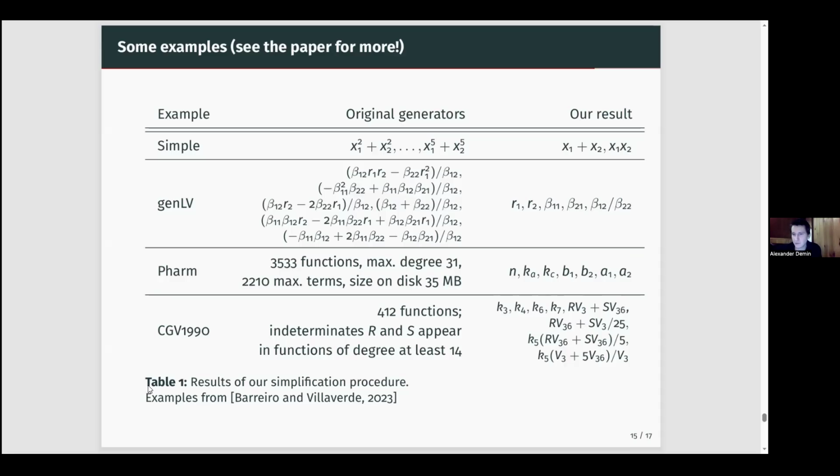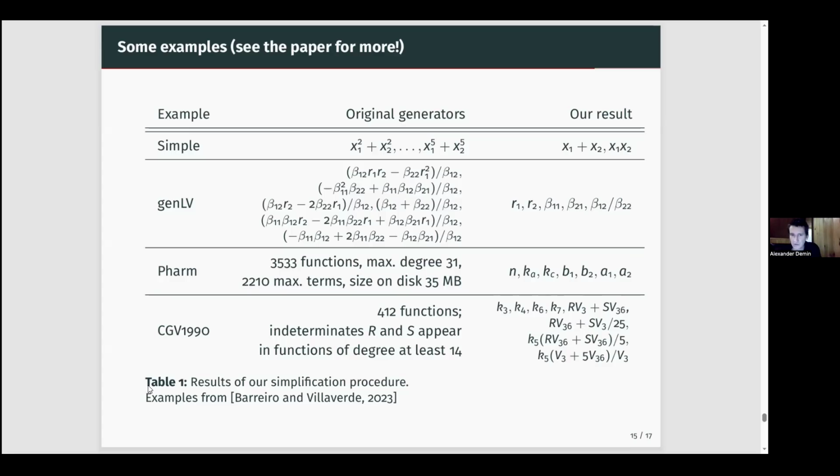And our algorithm successfully computes a simple generating set here, perhaps the simplest possible. The second line in the table is the second example we have seen. So yeah, it has a bit more determinants, has some rational functions. Note that our result is quite simple and concise.